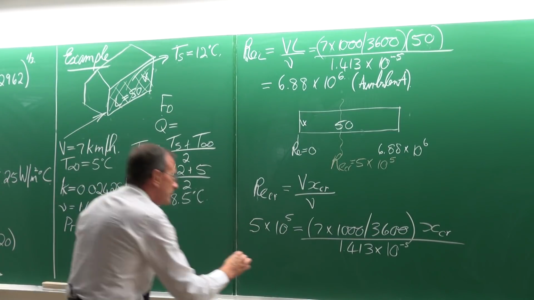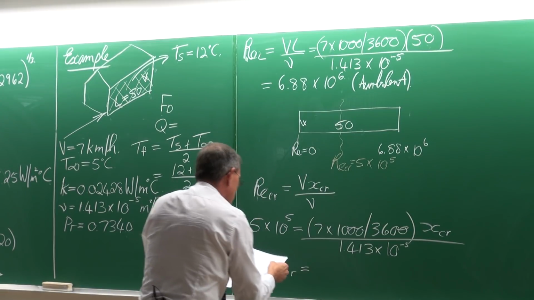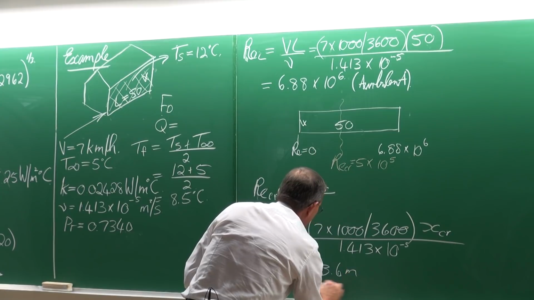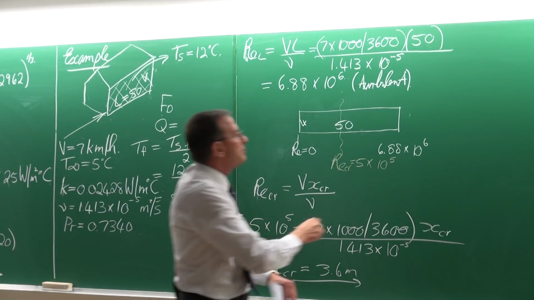And from this, we can calculate that the critical distance, or the critical length, is equal to 3.6 meters.